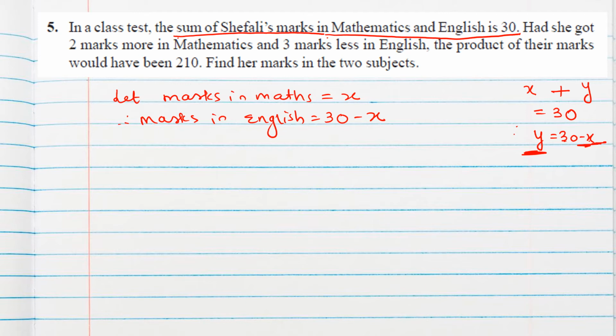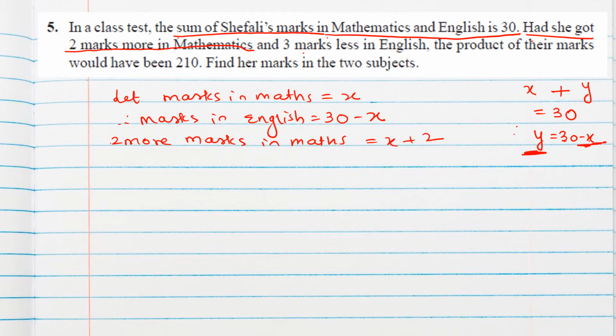Now the next condition: had she got 2 marks more in mathematics, means after getting 2 more marks in maths, what will be the marks then? x plus 2. 2 more marks in maths will be x plus 2.